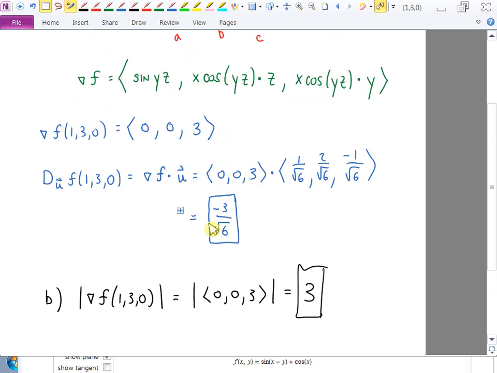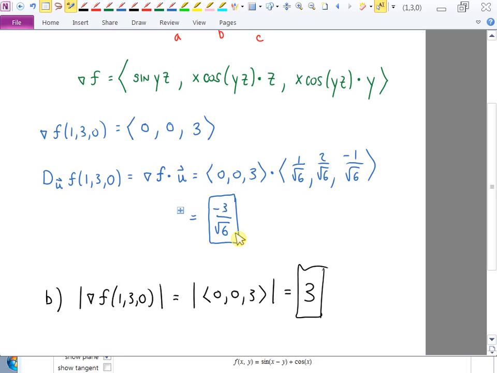No, okay. The negative 3 over root 6 is the rate of change at that point when I told you what direction to point in, right? I told you what was the direction? 1, 2, negative 1. So I forced you to point in a certain direction, and then the rate of change was a certain value.